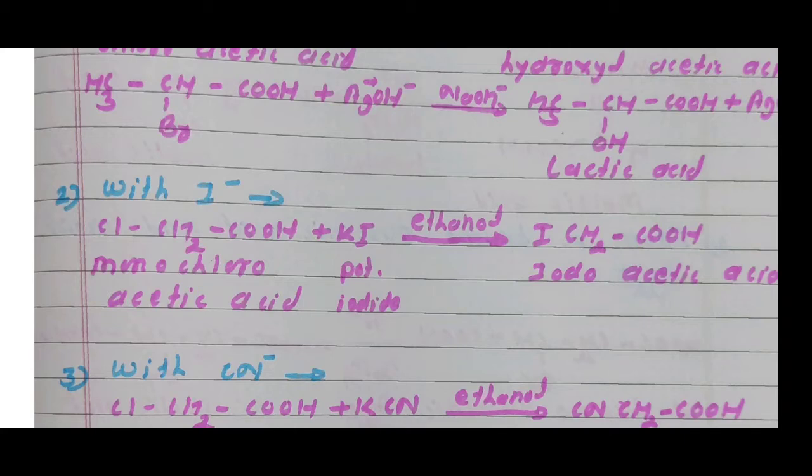Therefore monochloroacetic acid reacts with potassium iodide in ethanol to give iodoacetic acid, ICH2COOH. In acetic acid CH3COOH, one of the H from the CH3 group is replaced by an iodine atom, forming iodoacetic acid. Here the chlorine atom is substituted by an iodine atom.